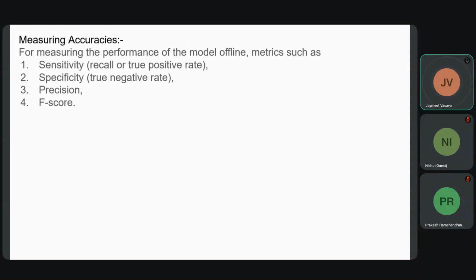So for model evaluation on the measurement of its accuracy in an offline manner, we'll be testing sensitivity, which is also called recall or true positive rate, then specificity, which is true negative rate, the precision, and the F score. So let's get started with sensitivity for measuring the accuracy of the model.